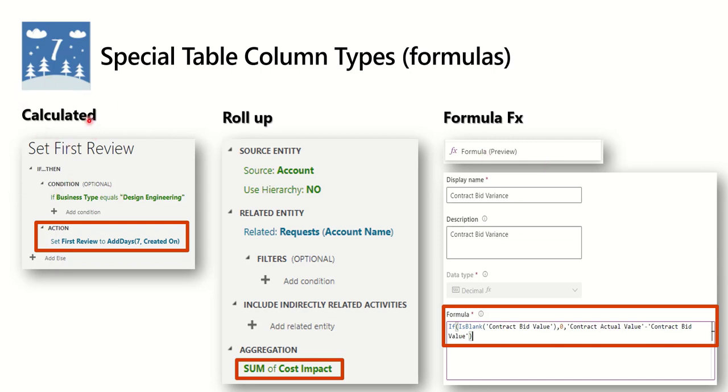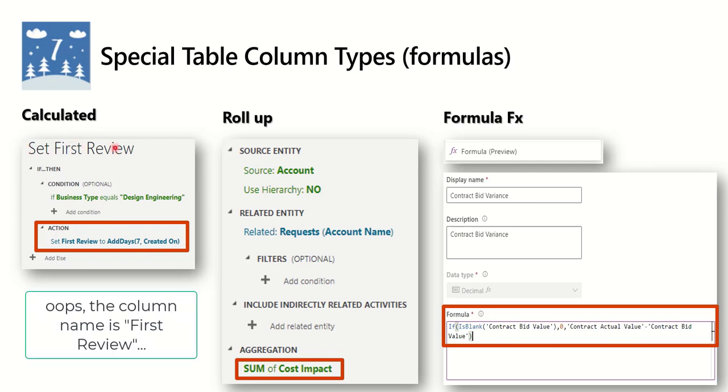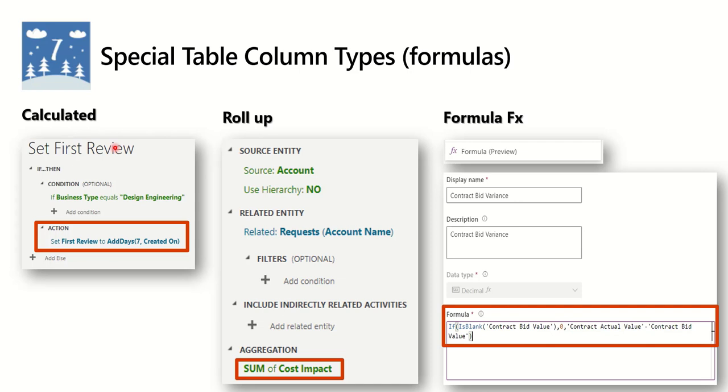So the calculated column does just that. It calculates things, and you can set a condition. I have a column here called set first review. Every time we onboard a design engineering agency, 7 days after they are accepted into the fold, we have to have a review with them of their design drawings as they are today.